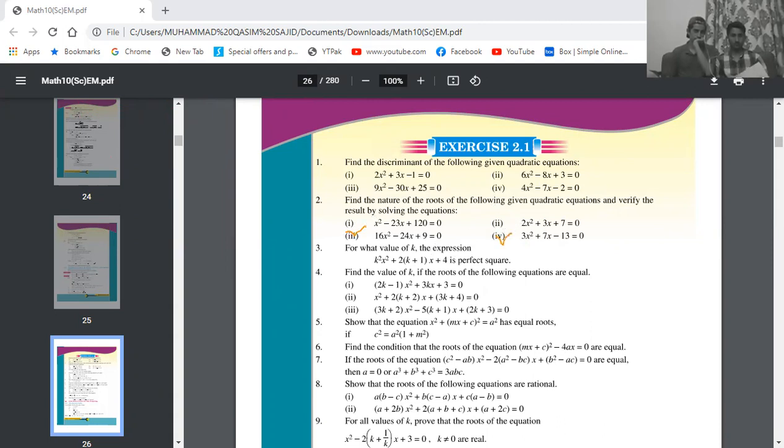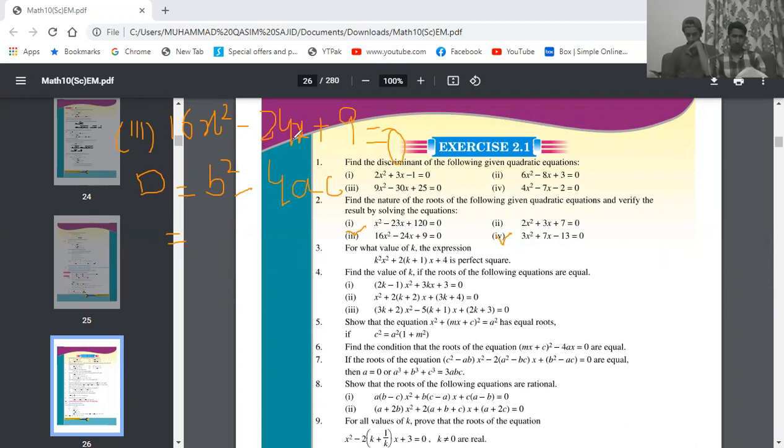Question number 3 is 16x square minus 24x plus 9 equals 0. So first we have to find the discriminant. Discriminant equals b square minus 4ac.